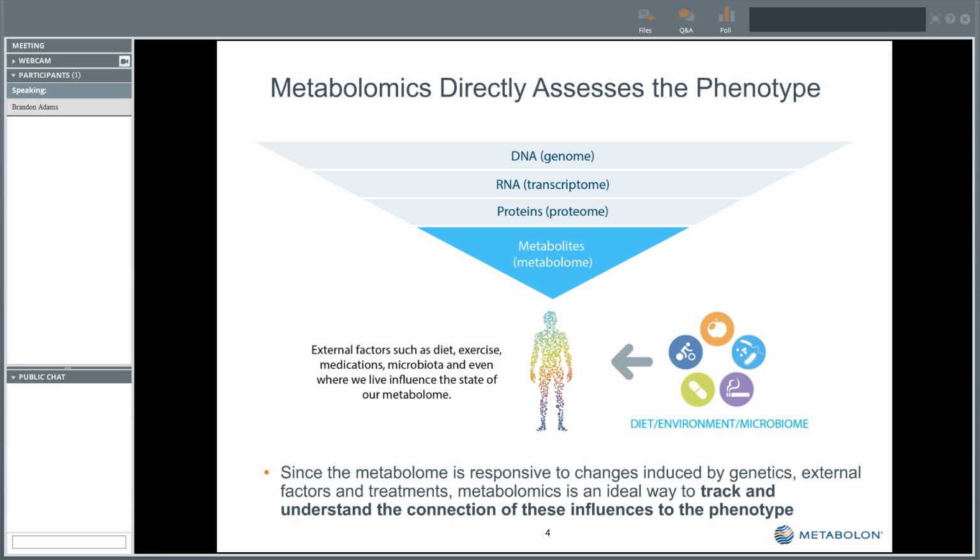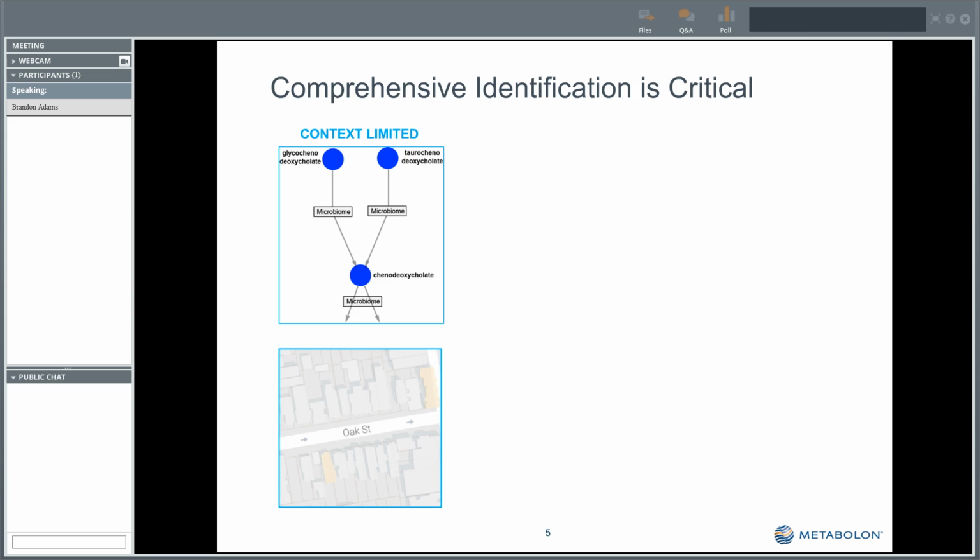So really, the measurements of those small metabolites serve as a summation of all the factors that drive the phenotype and provide a readout of the physiological state. In addition, those metabolites are also actionable, meaning that the levels may be potentially intervened by treatment. And that's what we are interested in.